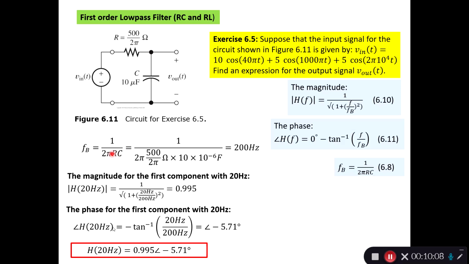Let's calculate it. I have the breakpoint frequency equation here, and then I place the values from the resistor here, and also the value from the capacitor here. You can see it's very convenient to write 500 divided by 2π, because then I just get the value 500 here and they cancel out. 500 times 10 microfarads gives me a frequency of 200 hertz.